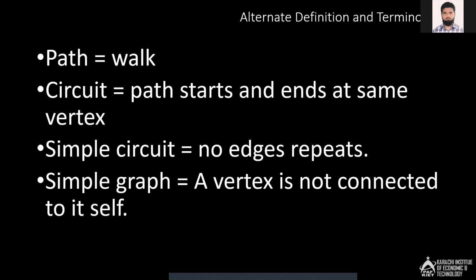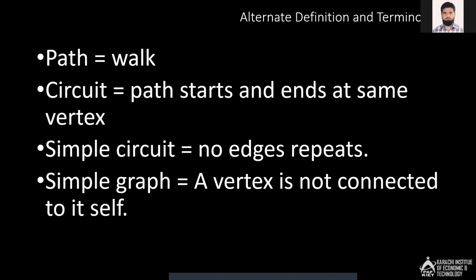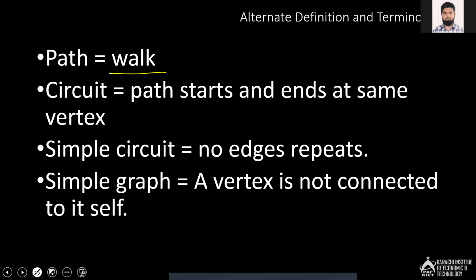So we'll come back to this proof later on. For now, I need to mention that we have alternating definitions and terminologies for walk and path. In some terminologies, a walk might be called a path. Some papers or textbooks might refer to a walk as a path.